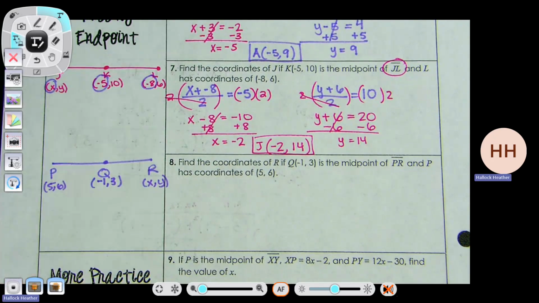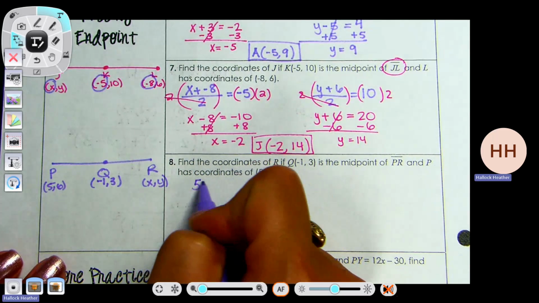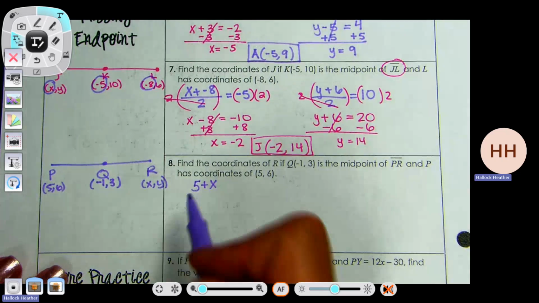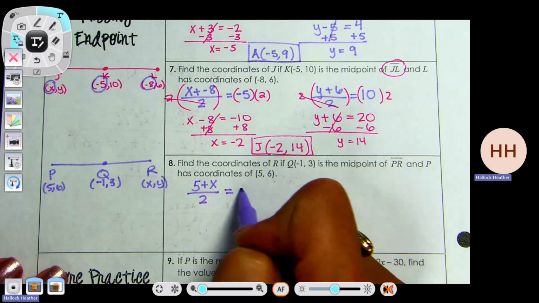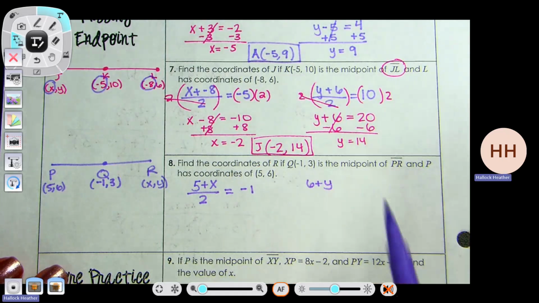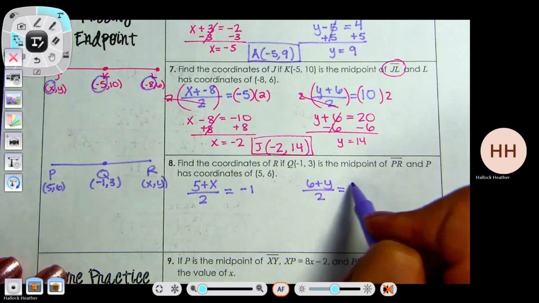What two things are you adding together for X? X and 5. It doesn't matter if it's 5 plus X or X plus 5, because either way you're adding it together. You're dividing by 2 every single time. What's it going to be equal to? -1. Over here for Y, you should have 6 plus Y or Y plus 6. I don't care which way you read it. You're dividing by 2, and it's equal to 3.